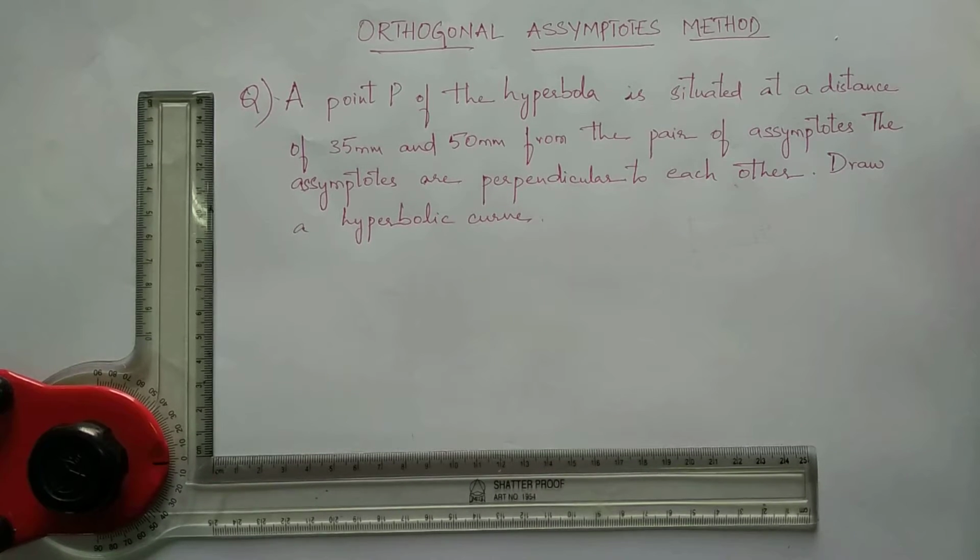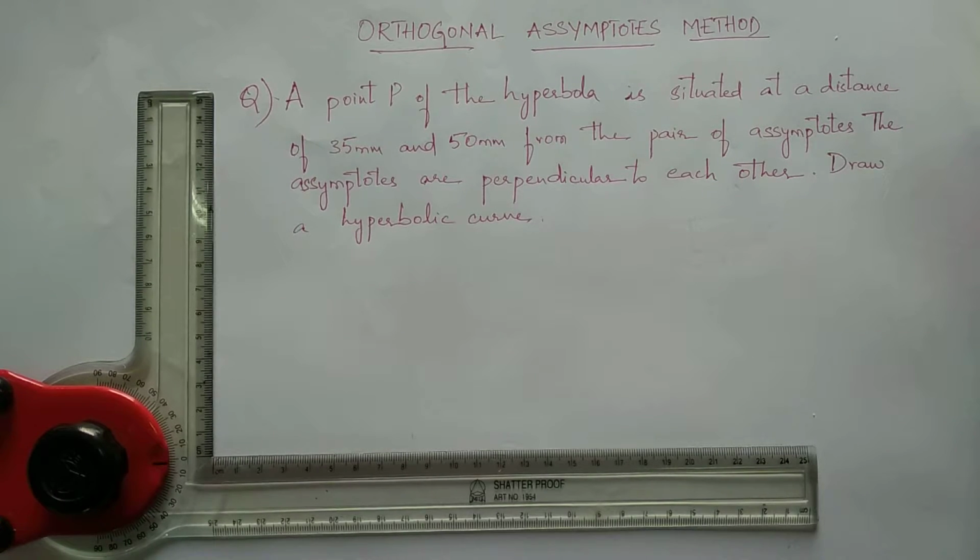I have already told you what an asymptote is: asymptotes are the two lines drawn tangentially such that they meet the hyperbolic curve at an infinite distance. The method of construction of asymptotes I already explained in the previous video, in the arcs of circle method.